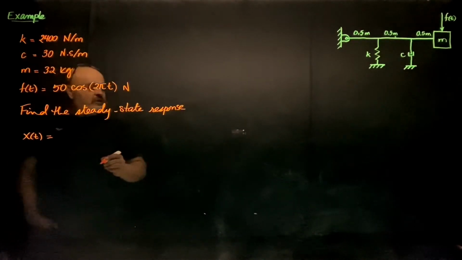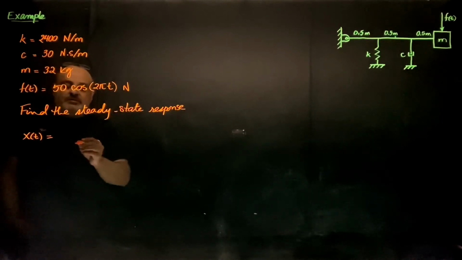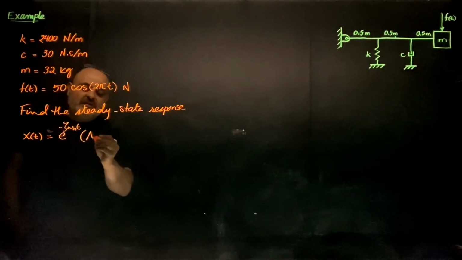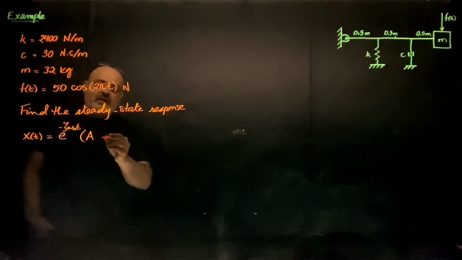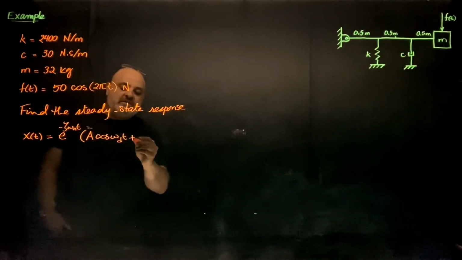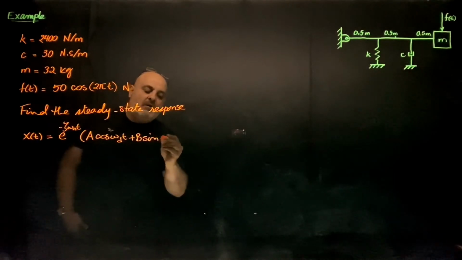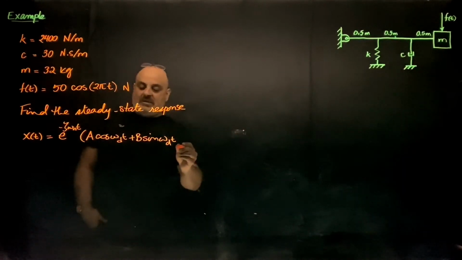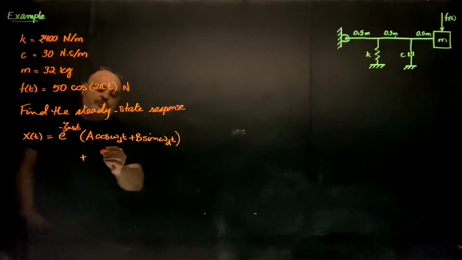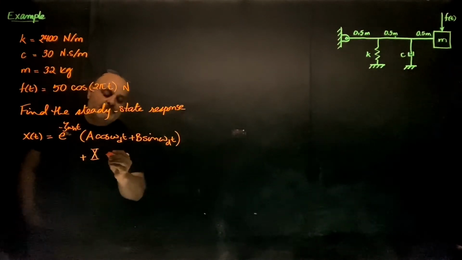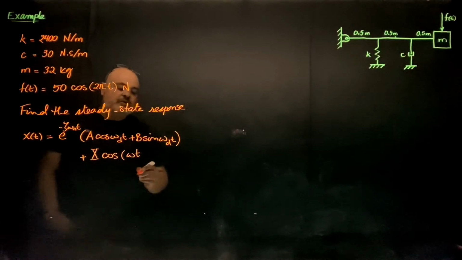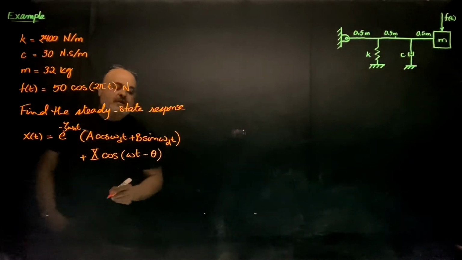The natural response we got for the damped systems was e to the power negative zeta omega n t times a constant A cosine omega d t plus B sine omega d t, plus the forced response, which was some amplitude X cosine of omega t, forcing frequency, minus phase angle theta.